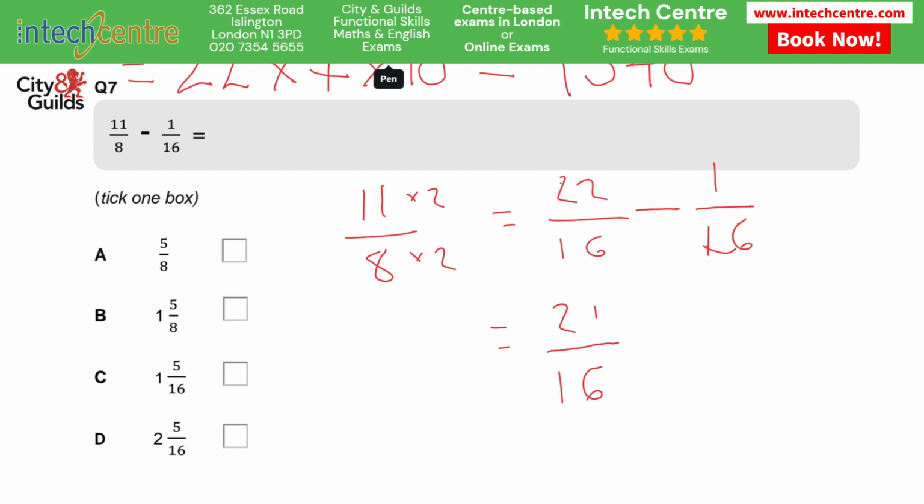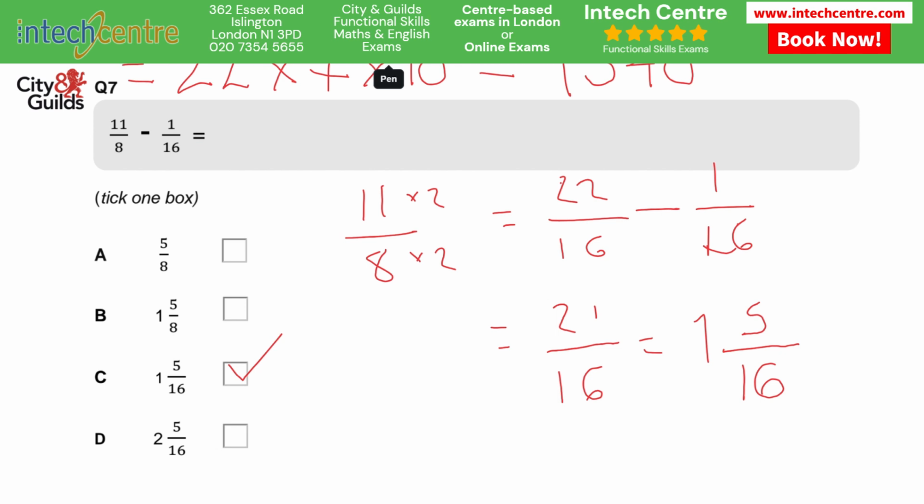Now, to get this as a mixed number, we need to see how many times 16 goes into 21. 16 goes into 21 once, and we are left over with 21 minus 16, which is 5 over the denominator, which stays the same, 16. So as a mixed number, this is equivalent to 1 and 5/16. So the correct answer is C.